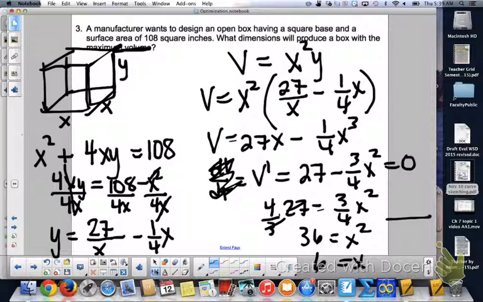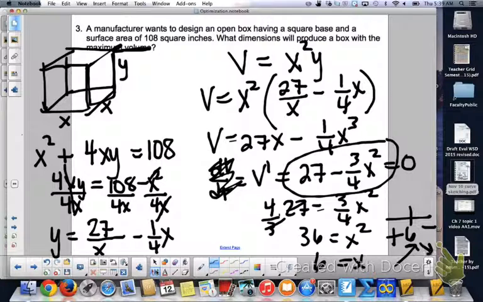Now, when you put that on the number line, let's plug in 8. That's going to be 27 minus 3/4 of 64, which is 48, so that's negative. If you plug in 2, that's positive. So increasing then decreasing, so you have a maximum.